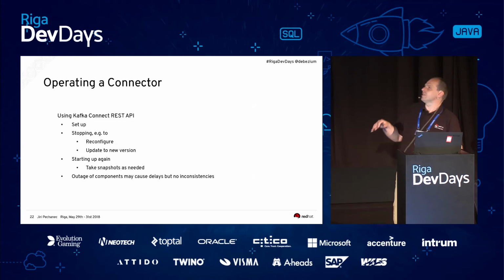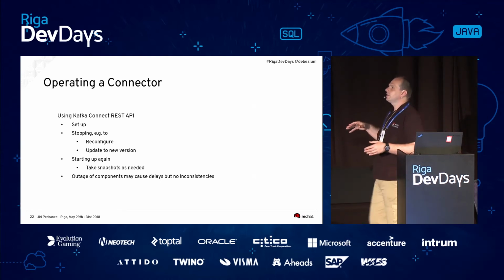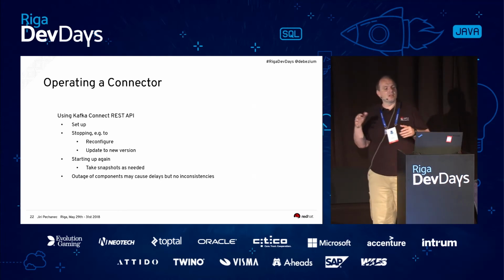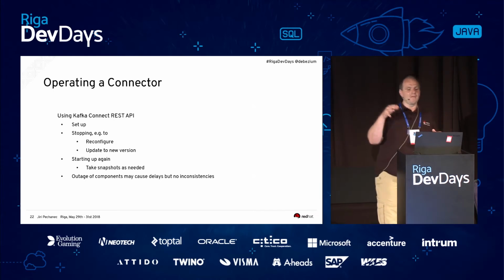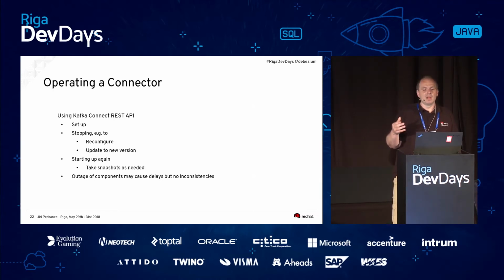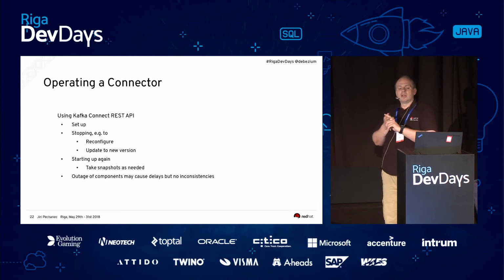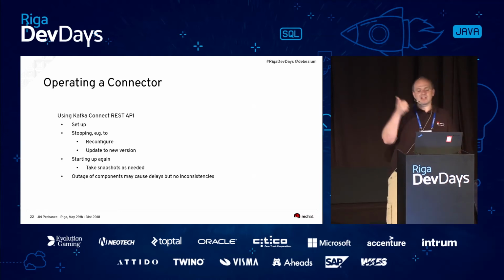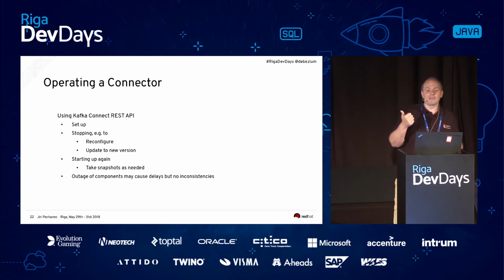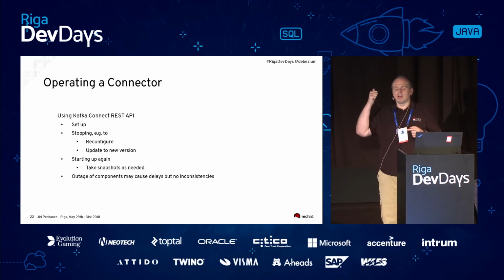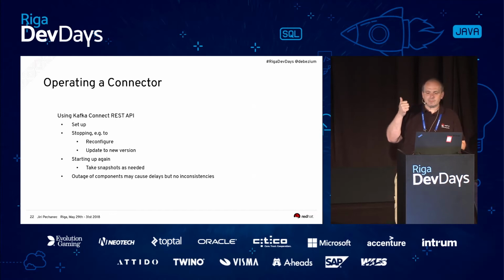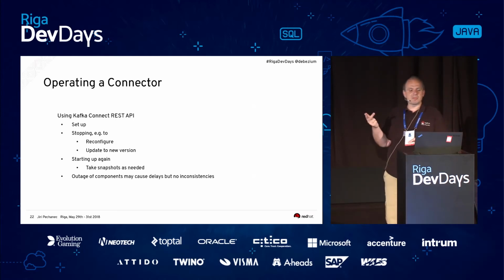How is the connector operated? Kafka Connect is usually configured via REST API. So, using the REST API, you will configure or set up the connector. You can control the life cycle, so you can stop the connector, suspend, resume.